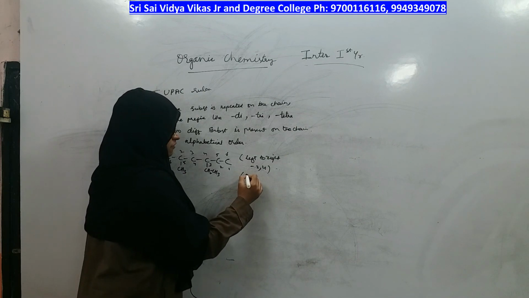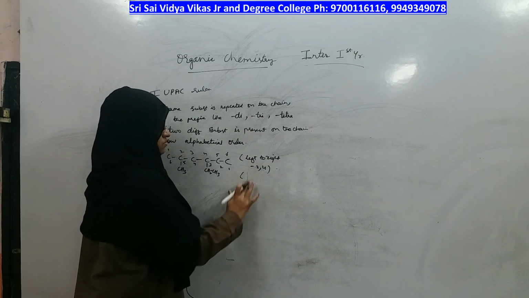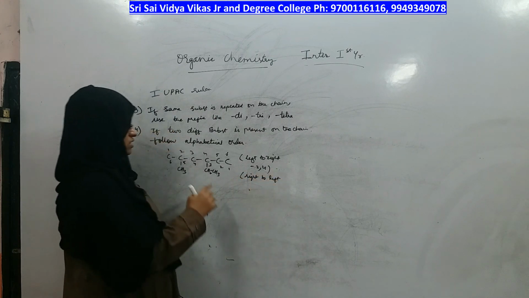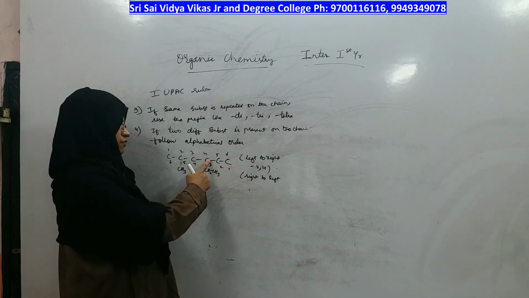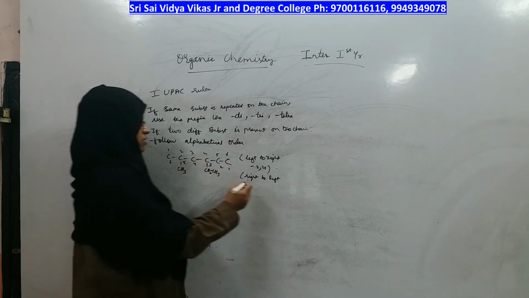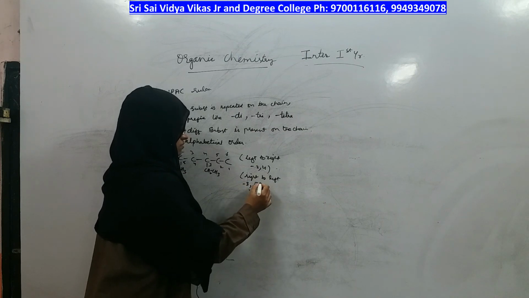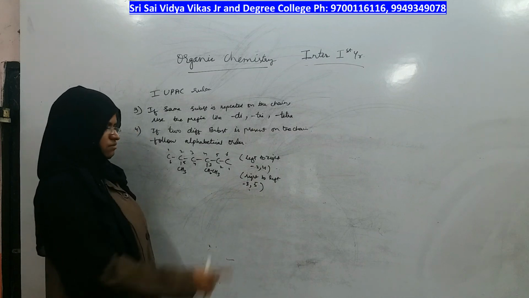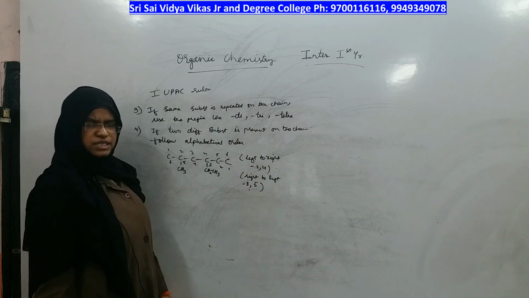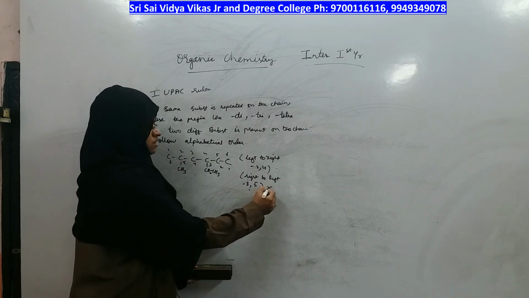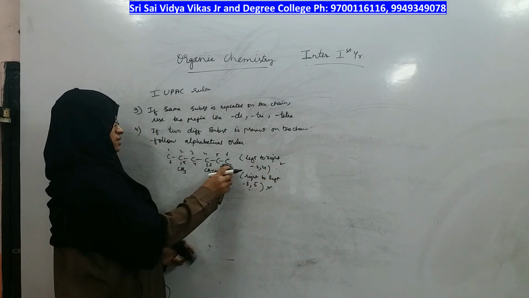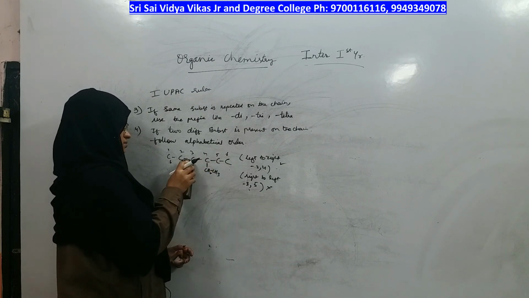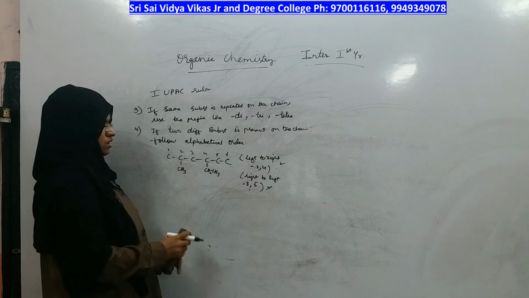From right to left, I am getting 3 on one carbon and 5 on another carbon. Which numbers are the least possible numbers? 2 and 4 are the least possible numbers. 3 and 5 are not. So this is wrong and this is correct. So I will rub this. Okay, so this numbering is correct.